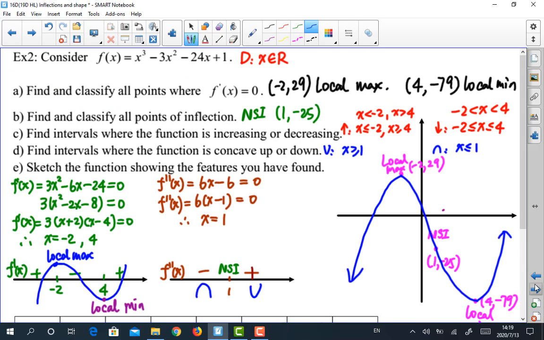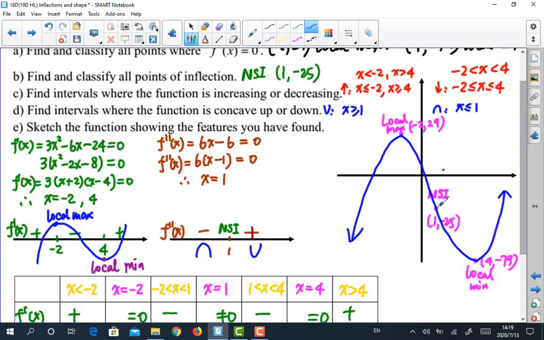And then you look at example 2 again. This one is non-stationary inflection. This question doesn't have the stationary inflection, but this non-stationary inflection has both the local maximum and the local minimum close by on each side.